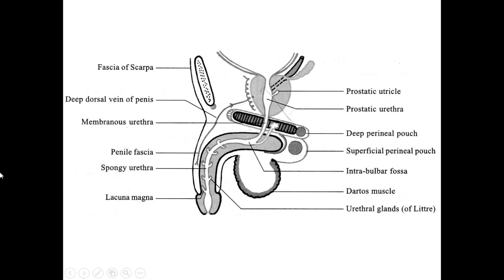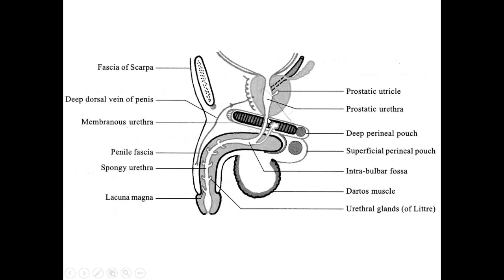Before going to learn the distribution of the Colles fascia, we will see here the parts of the male urethra. Here is the prostate. Before it, a very small portion is the pre-prostatic urethra, and the portion of the urethra traversing the prostate is the prostatic part of the urethra.